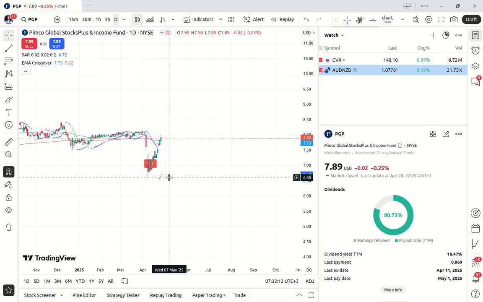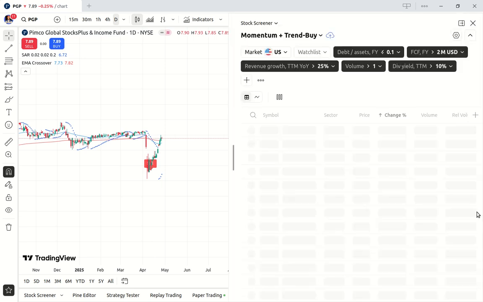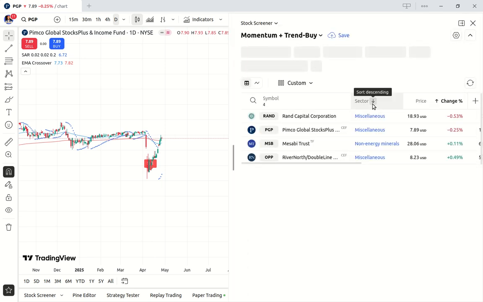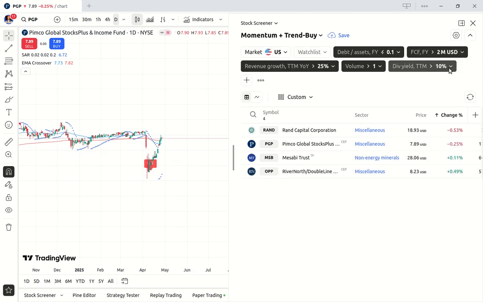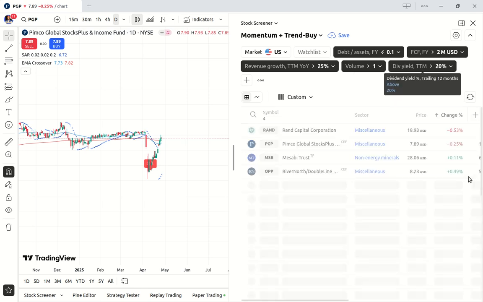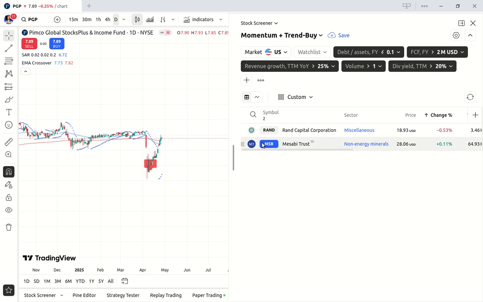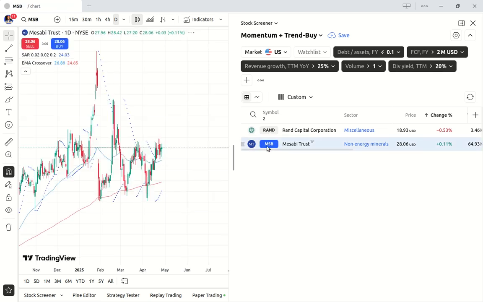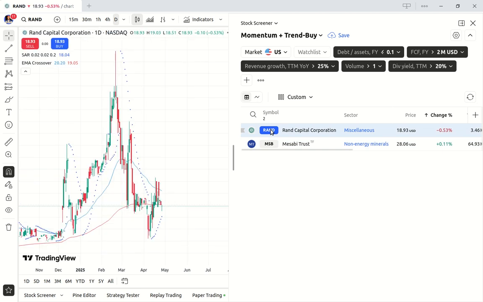10% is not favorable. Okay, 10% is okay if you are in America, I guess, but ideally you want a dividend yield of 20% and above.